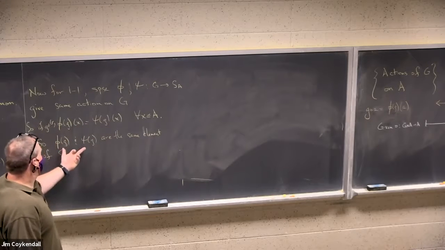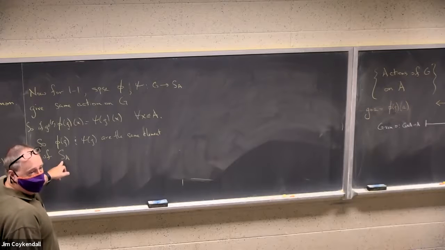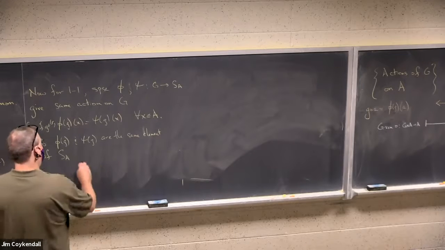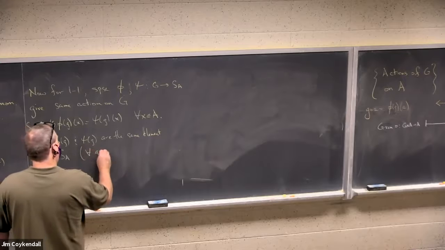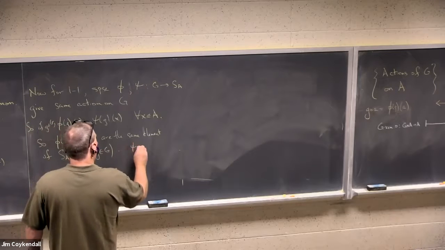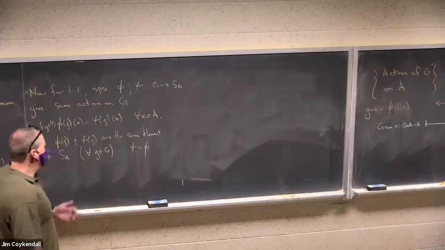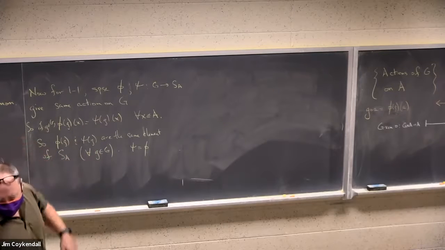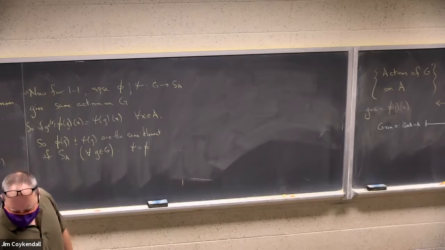So these two are the same permutation, and this is true for all G in the group. Therefore, the two functions are the same because they behave the same on every element of the domain.